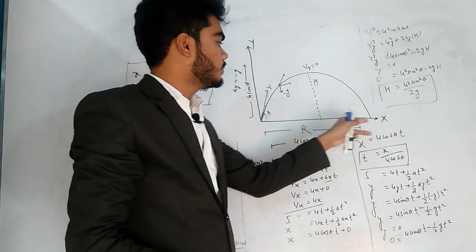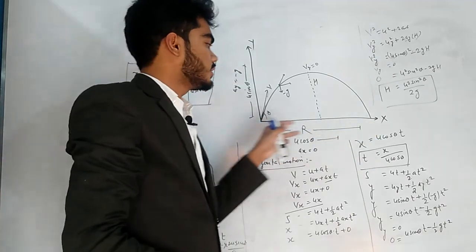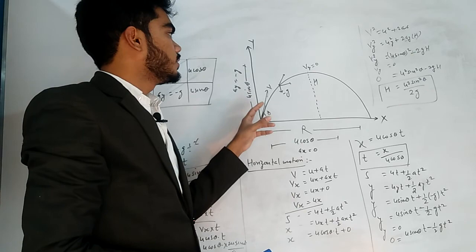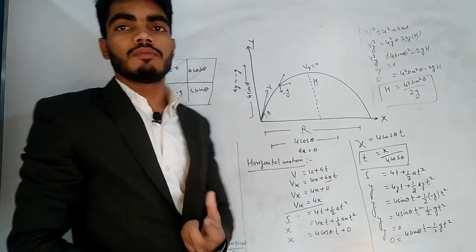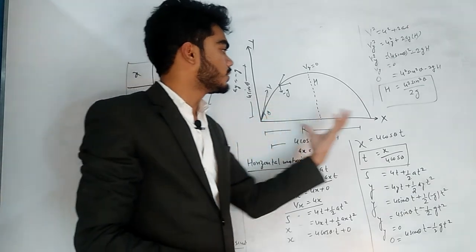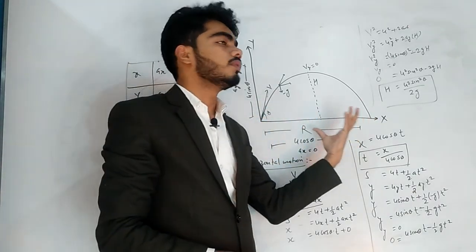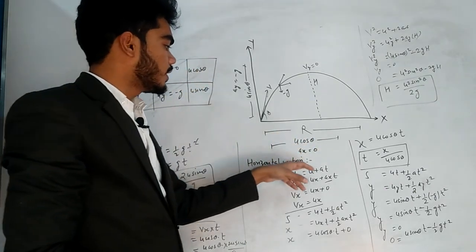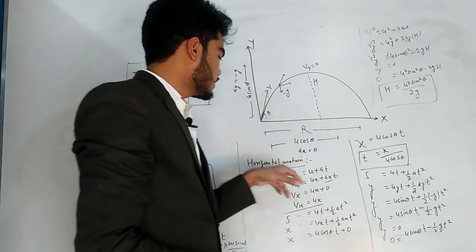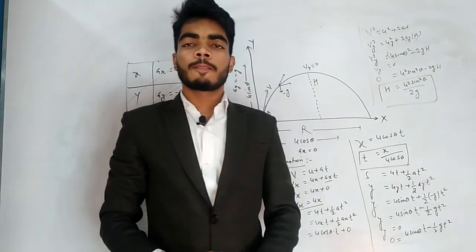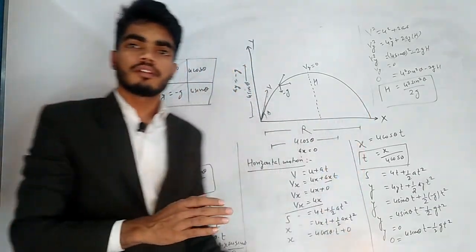And the horizontal range will be for the horizontal position, the x plane. So when we are using the vertical motion, the component will be taken as the y coordinate, and when we find out the horizontal range, the component will be the x component. Because this is horizontal motion, it is the x component. Okay, so this is the basic diagram.